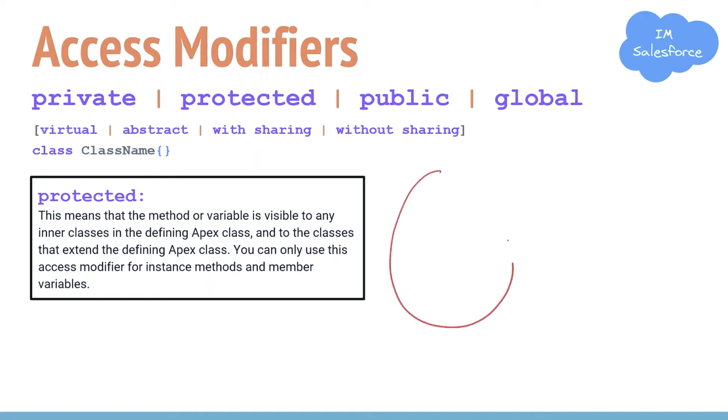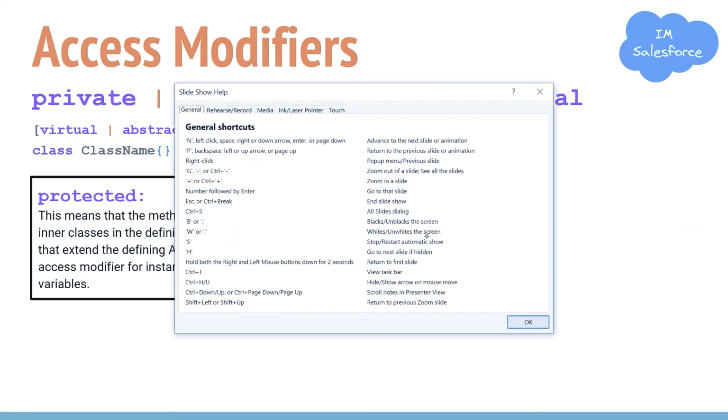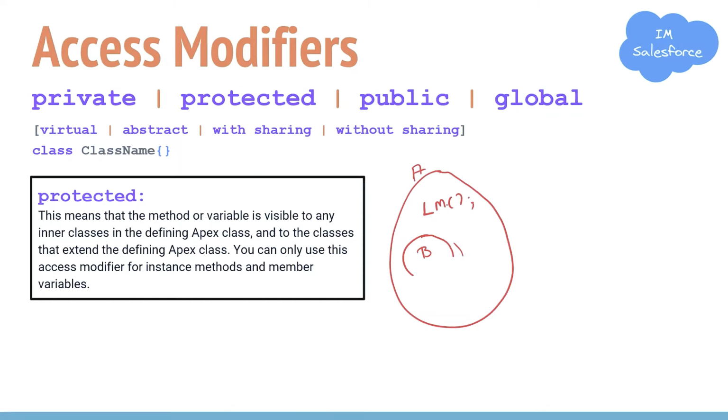so we have one outer class A. For an example, this is A. In this we have a method, LM is the method name, and then we have class B inside of A. So this will be your inner class, and in this we can use LM because the variable is visible to any inner class in which they are defined.